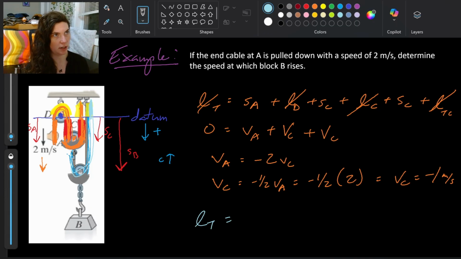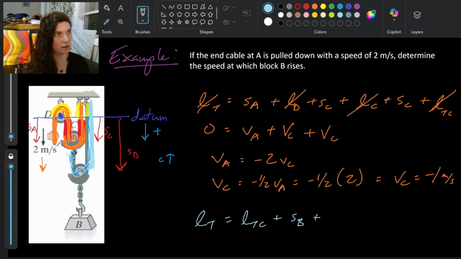So I come down from the ceiling, so length to the ceiling. That's a constant, it's not changing. Then I have this whole length from the datum down to pulley B. That's going to be SB. That's where B is located.